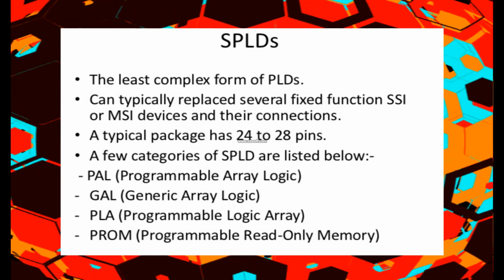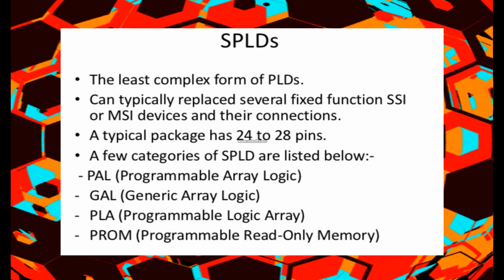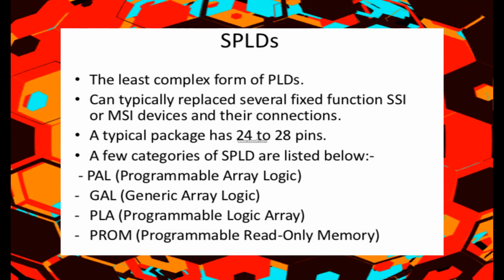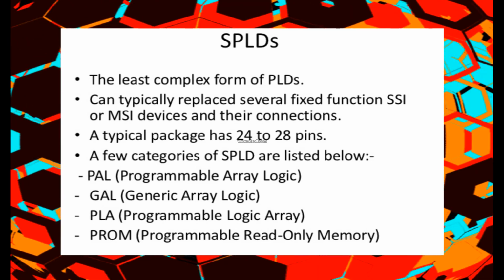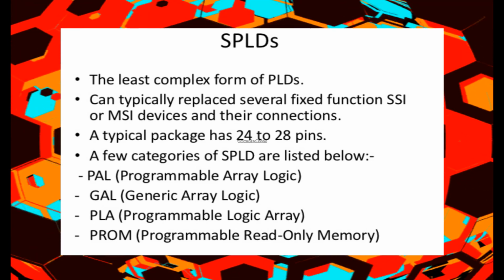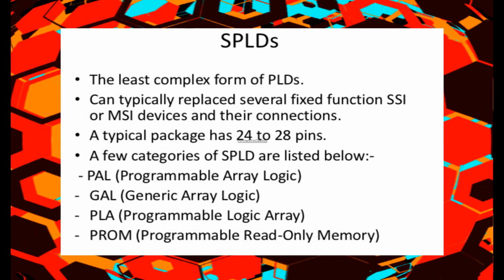A typical package has 24 to 28 pins. These are PAL, GAL, PLA, PROM. PAL is programmable array logic, GAL is generic array logic, then programmable logic array, and programmable read-only memory.